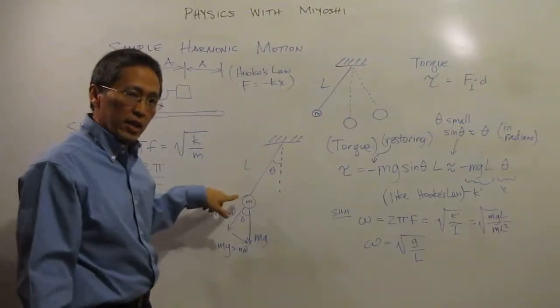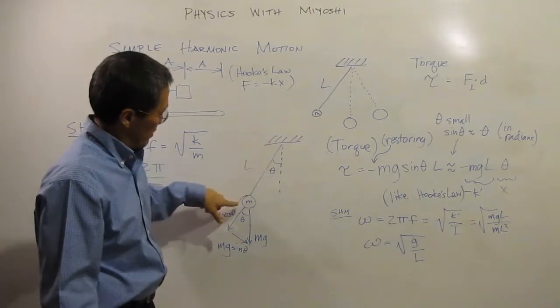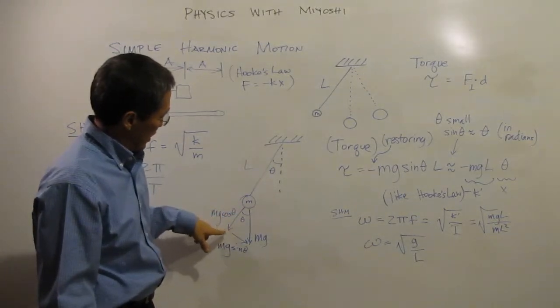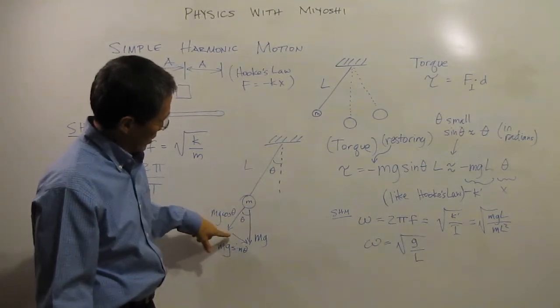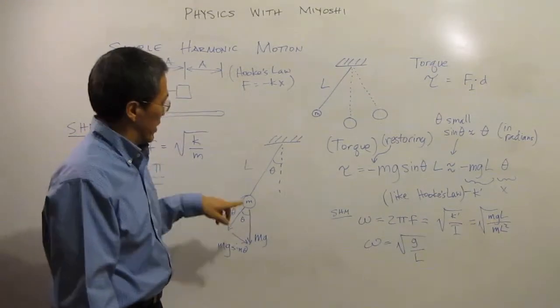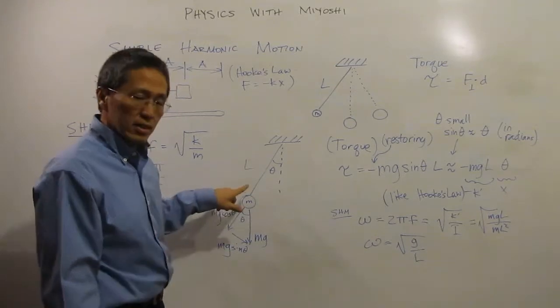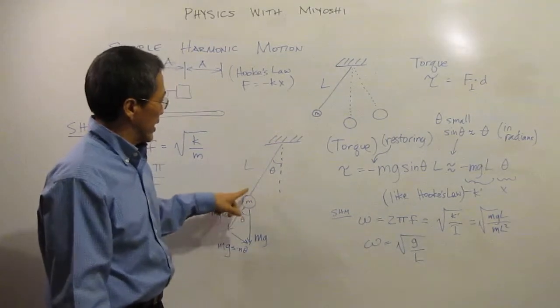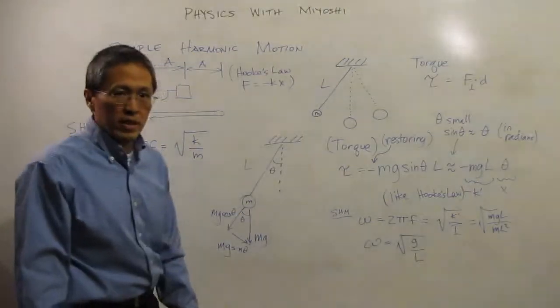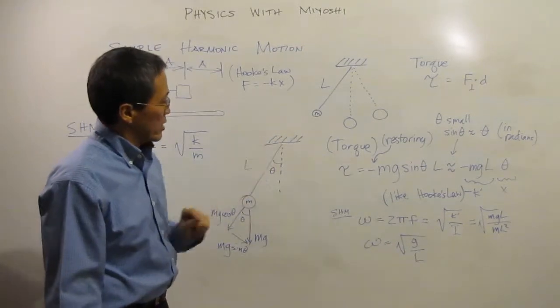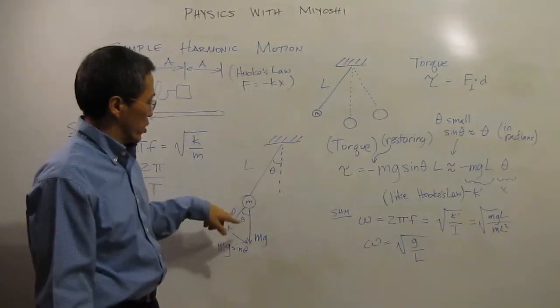If I look at the length of my pendulum and think about the weight, the weight is the only thing applying any torque on it, because even though there's a tension on this mass from the string, the tension does not act perpendicular. In fact, it can only act toward that center point, so it will never give any torque.